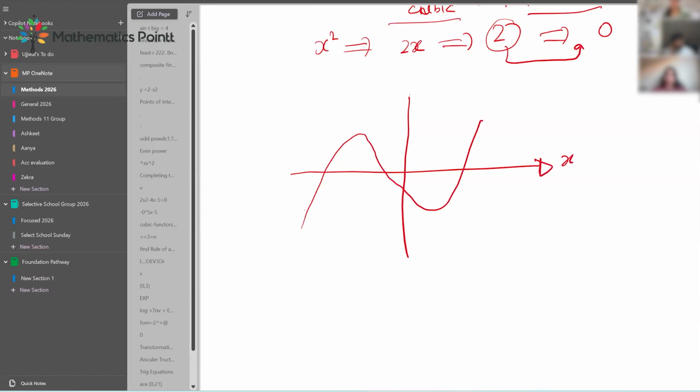This is x, this is f of x. And I know the turning points. Let's say this is -1 and this is 1. I now need to draw the derivative graph of this cubic.